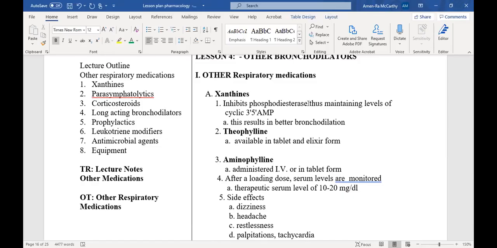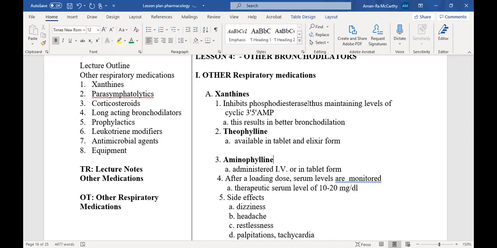But if the doctor says, no, I don't want to go back to normal tone, I want that patient to stay dilated, then I got to find a drug that's going to be an antagonist of phosphodiesterase. That is a drug that will block phosphodiesterase, and they are called xanthines.